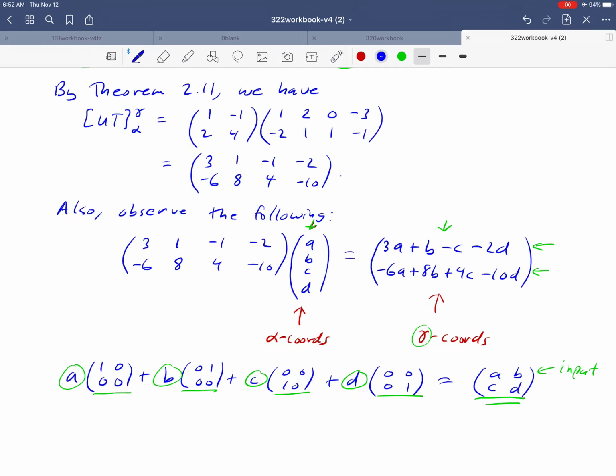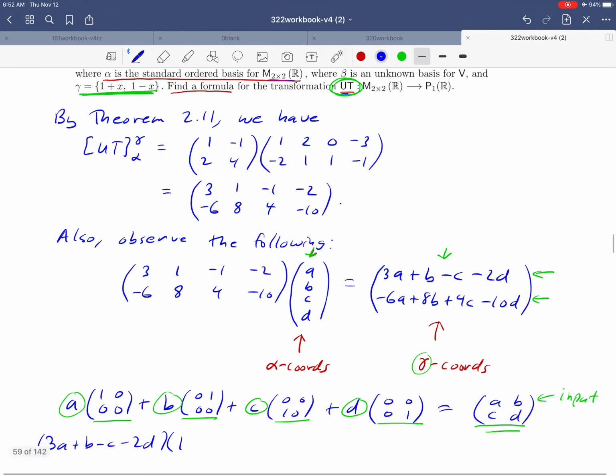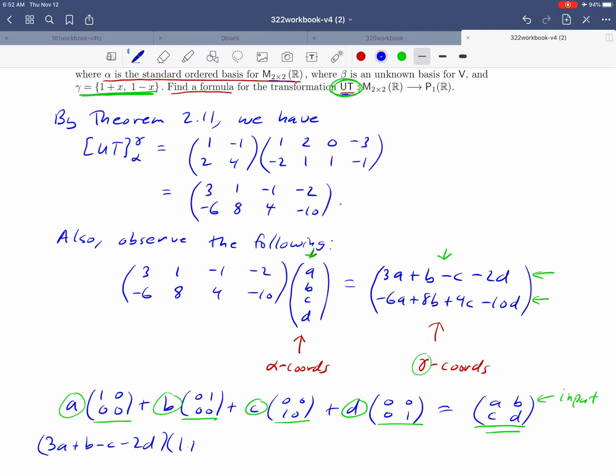So 3a plus b minus c minus 2d times the first one, 1 plus x, plus negative 6a plus 8b plus 4c minus 10d times 1 minus x. And I'm going to postpone that calculation. We could add those together and simplify it, and what that is would be our output.